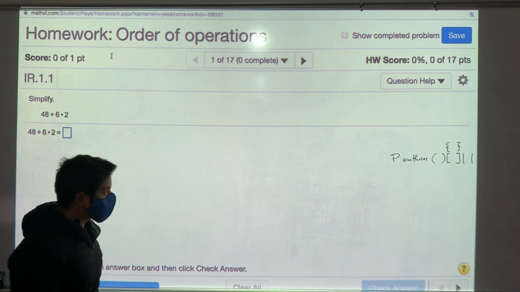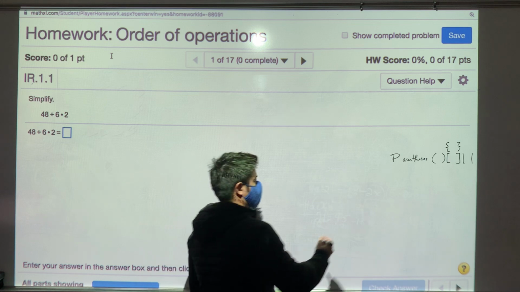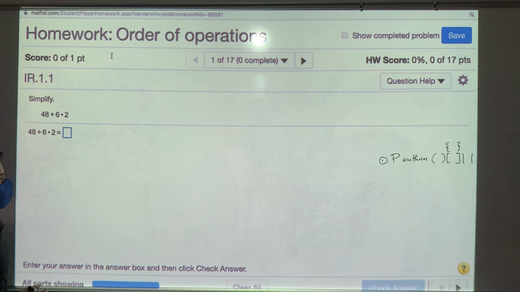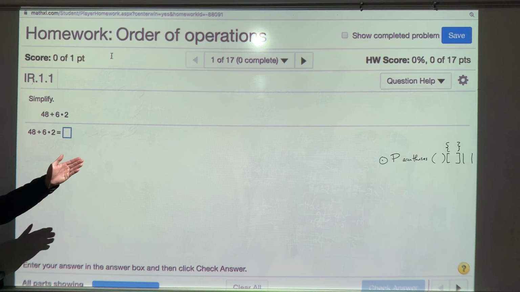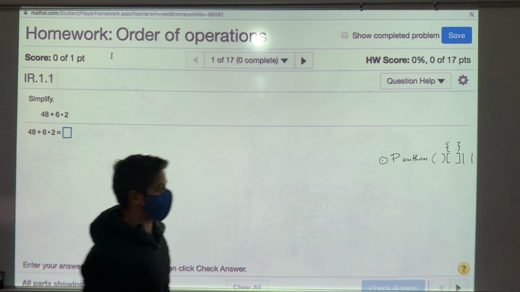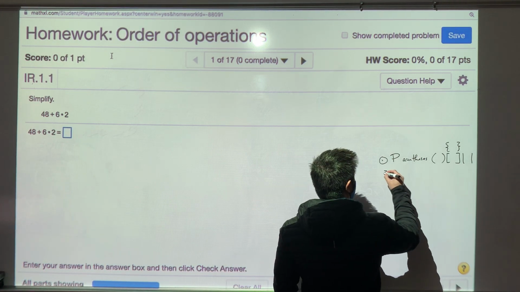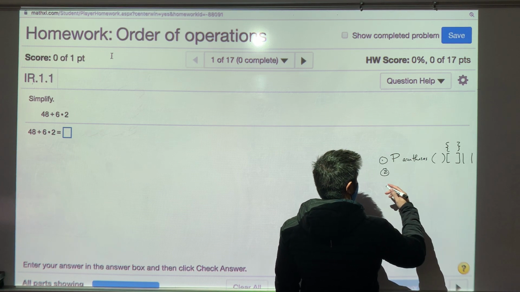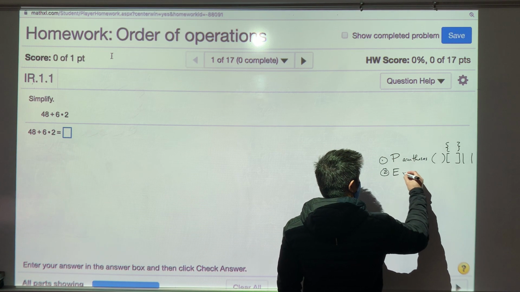Now, if we go one step at a time through this process, we can check in our problem right here to see if there are any parentheses, groupings, that we can do first. Clearly there are not, so let's go ahead and add the next step in our understanding of order of operations, exponents.